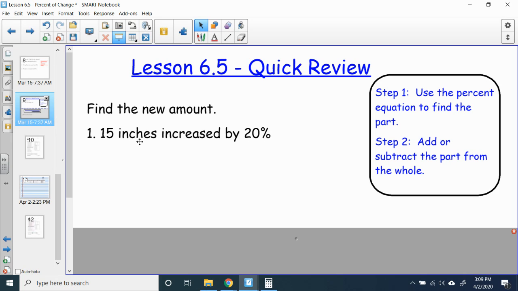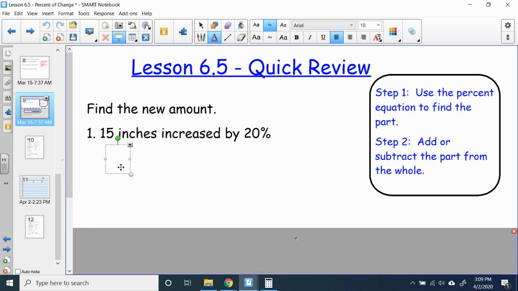For this first problem, we want to find a new amount. If I have 15 inches and I need to increase it by 20%, the first step is to use the percent equation to find the part. I don't know what the part is, so we call that A, and that equals your percent written as a decimal, 20 hundredths, times 15.